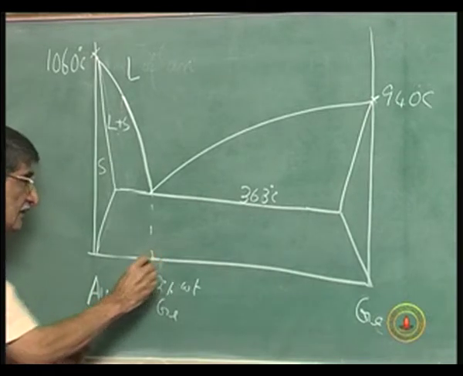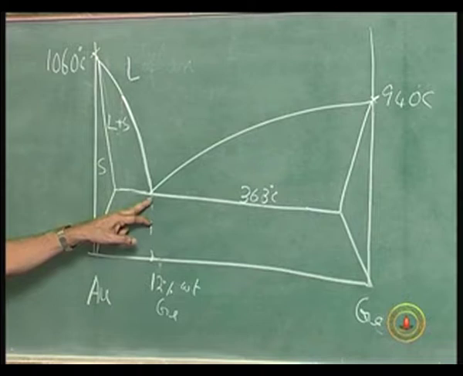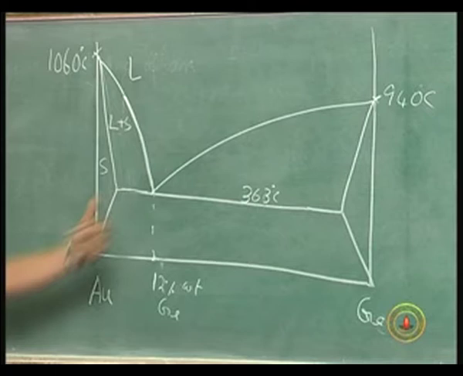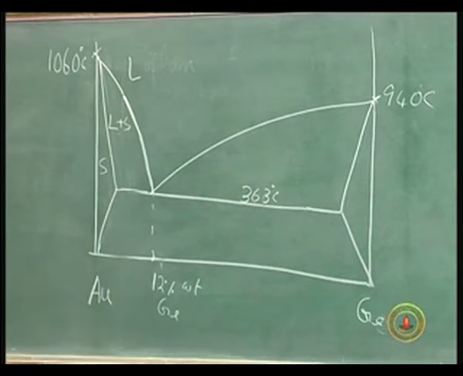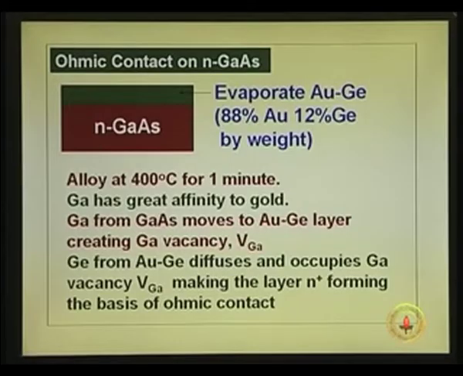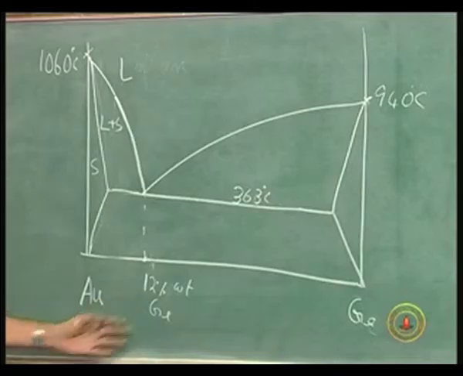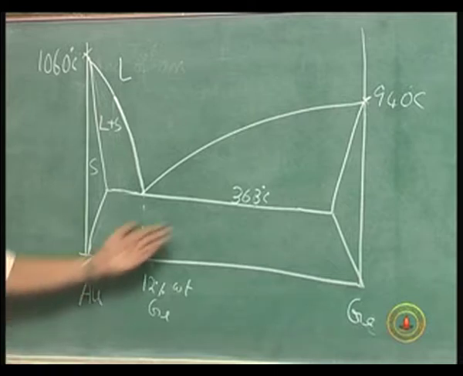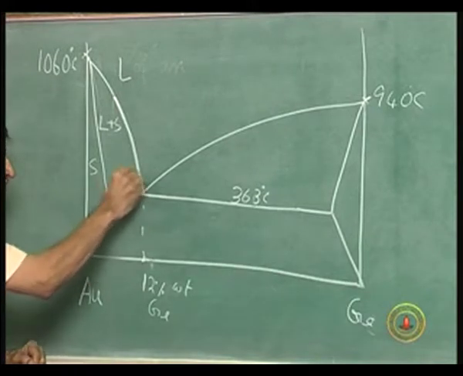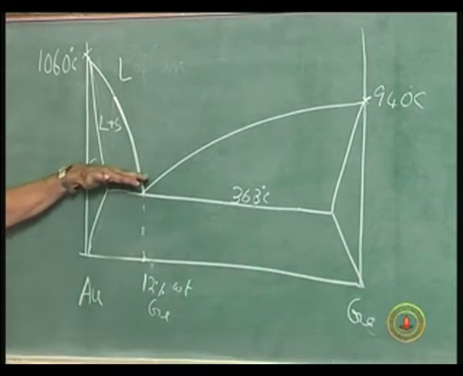What we are saying is, there is a melting point for gold germanium which is lower than either gold or germanium when the composition is 12% by weight or 27 atomic percentage. Okay? That is 27 atomic percentage of germanium or 12% by weight, the melting point is around 360 degrees centigrade. So, the nice thing that happens is, you go to 400 degrees centigrade, slightly above.